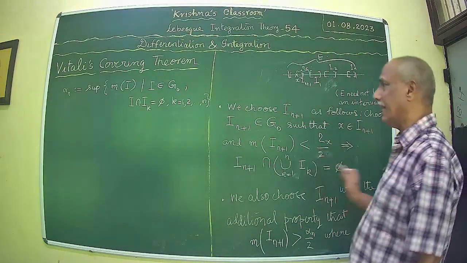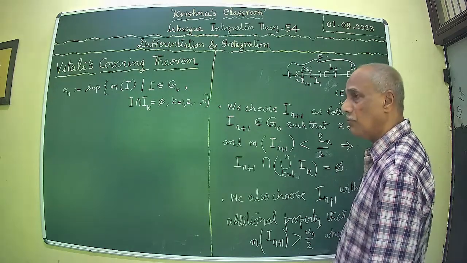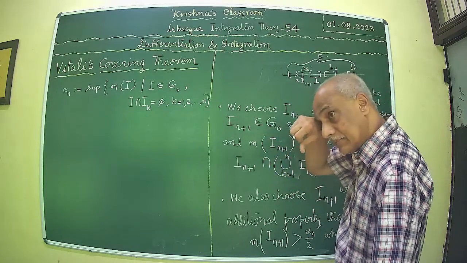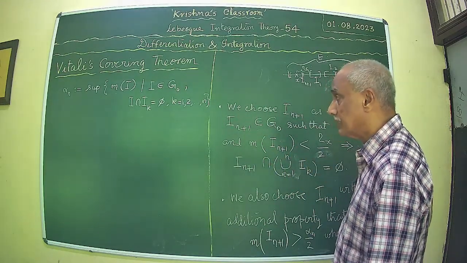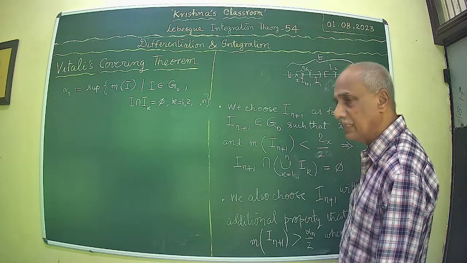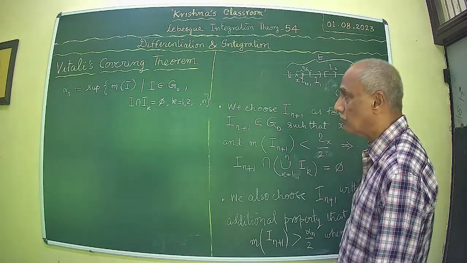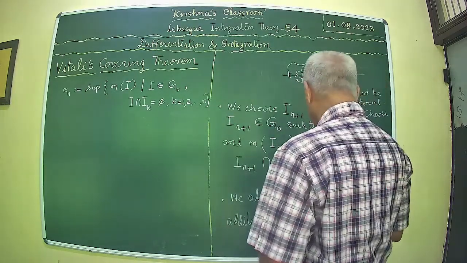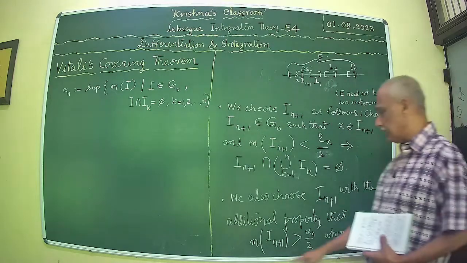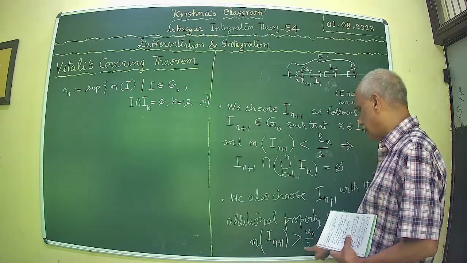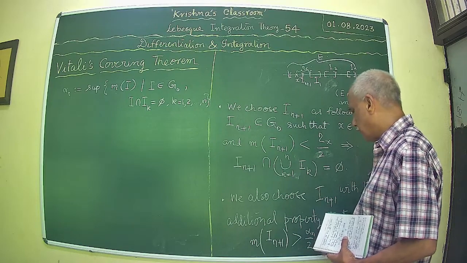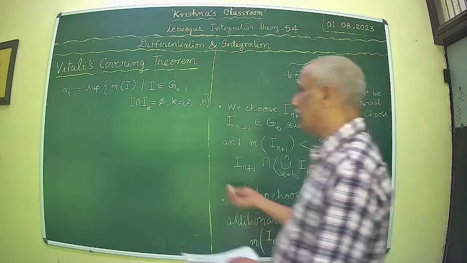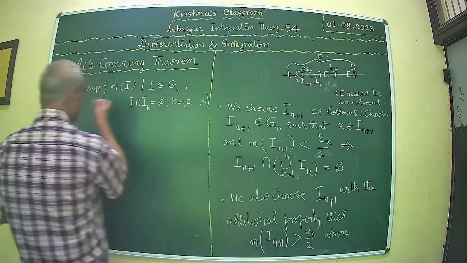In that we take the supremum of the length of these intervals, and that supremum you designate by alpha n. Now what have we done? We have chosen IN plus 1 with measure greater than alpha n by 2. Okay, right? So you see that you are choosing something from here.